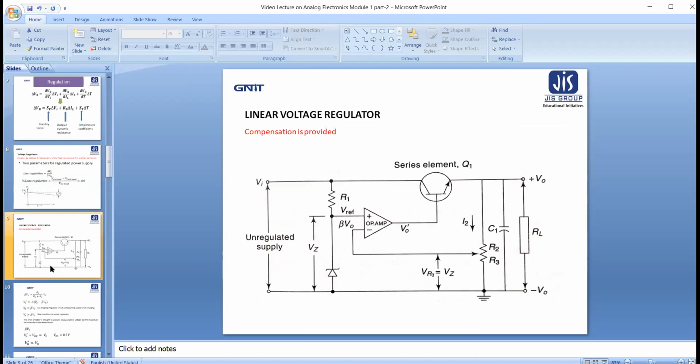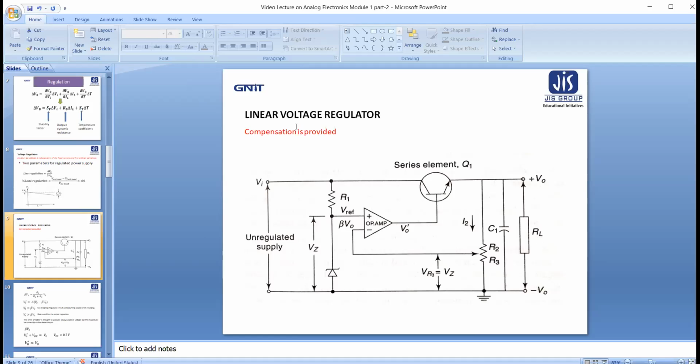Next, we will enter into the detailed discussion of the linear voltage regulator. The linear voltage regulator, as already discussed, has the active device operating in the linear region of its characteristics, and there is a feedback path which controls the fluctuations of the output voltage for a change in input voltage or for a change in the load resistance.